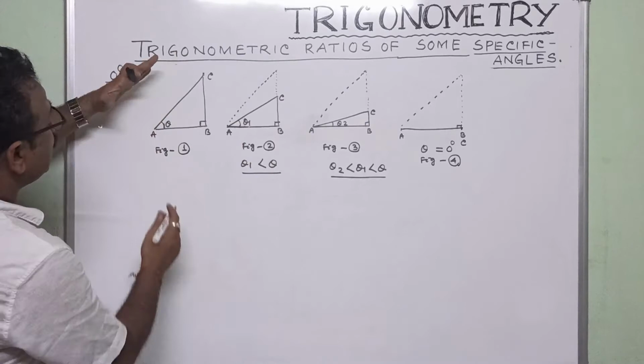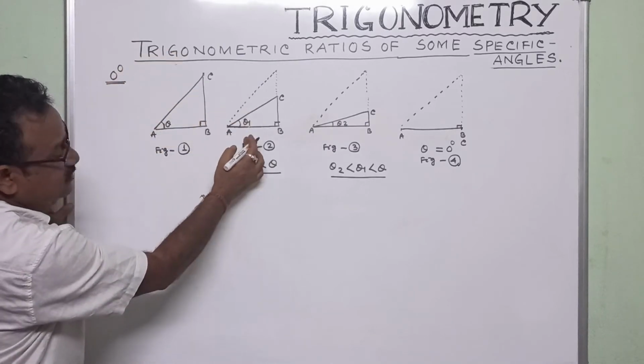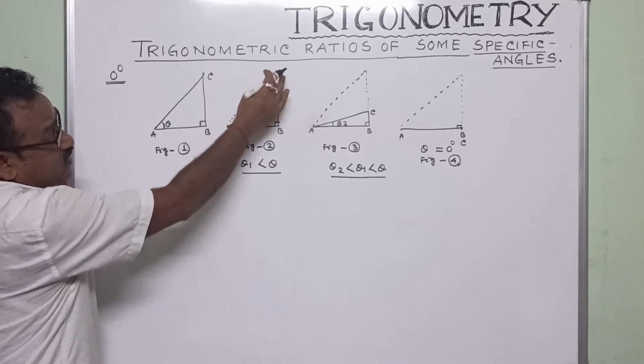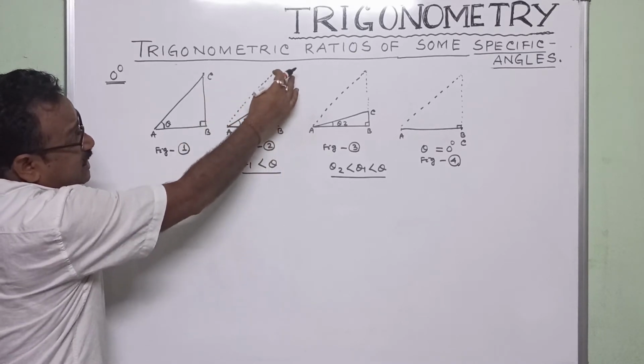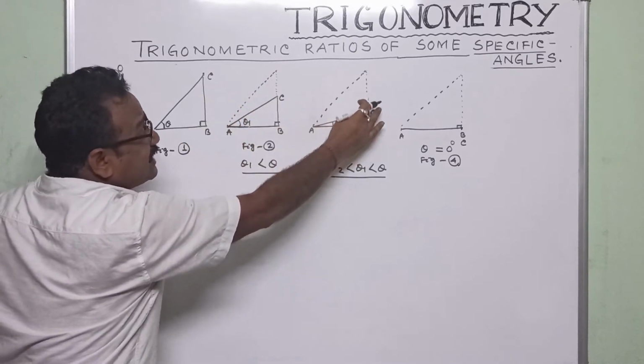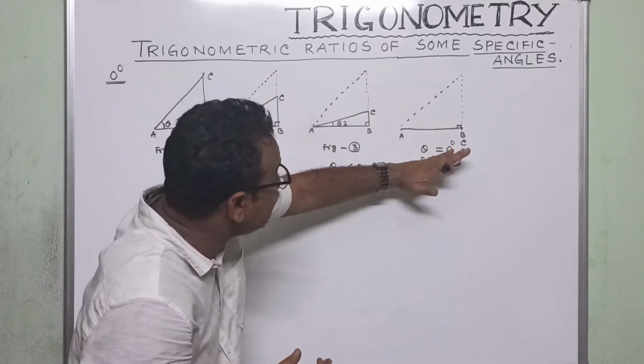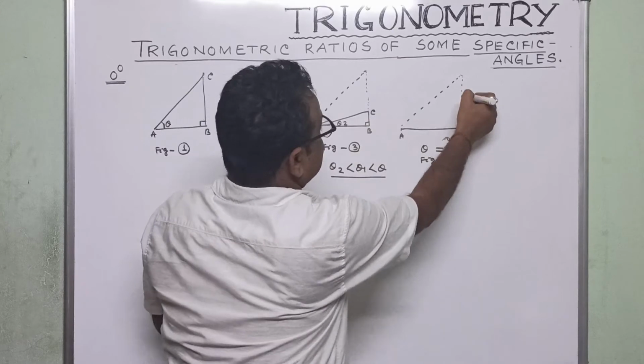Now what happened when the angle decreases? See the perpendicular BC is continuously decreasing in length, and finally BC is 0 here.